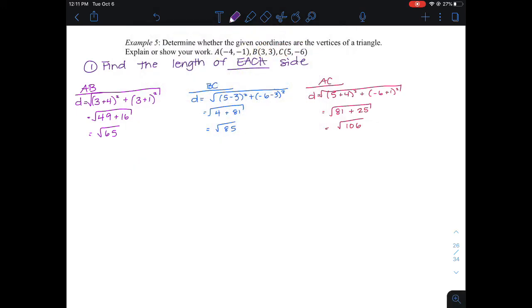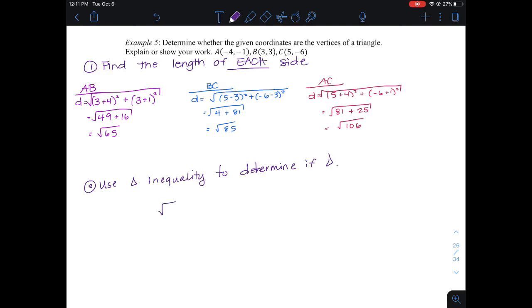All right, step 2. We're going to use the triangle inequality to determine if it is a triangle.